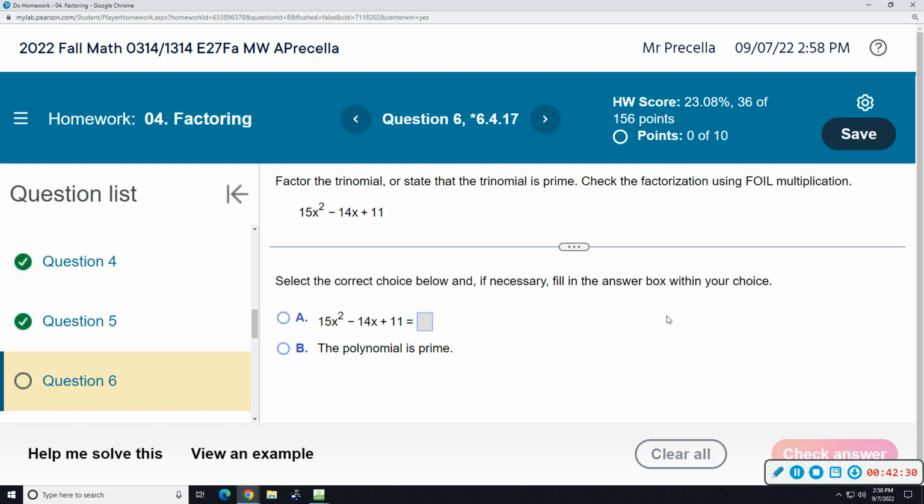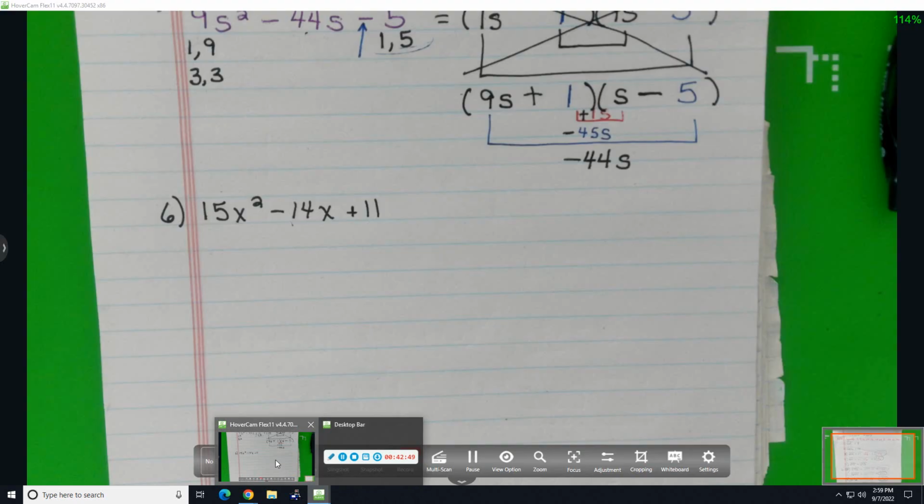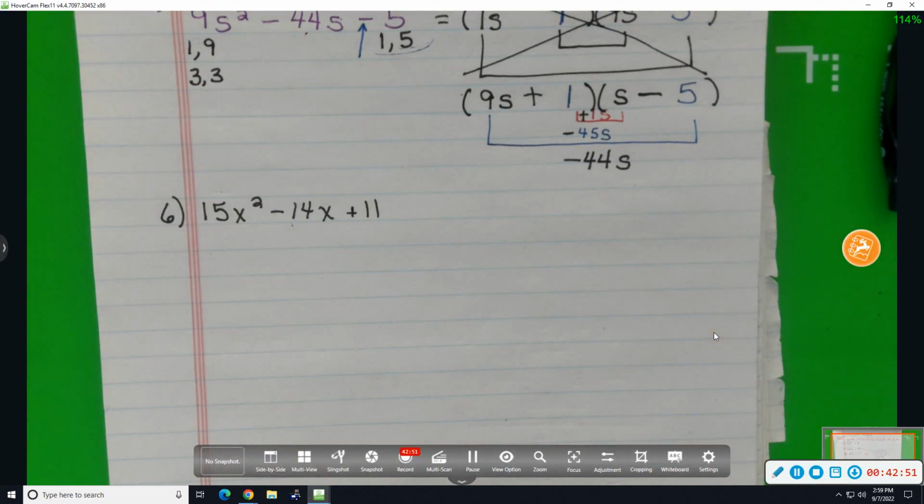And it'll wind up being messy like that other one. Plus 11. Well, this one's already in the standard form that we need it in. X squared, x, constant. So unlike number 5, we don't need to rewrite it. X squared, x, constant.